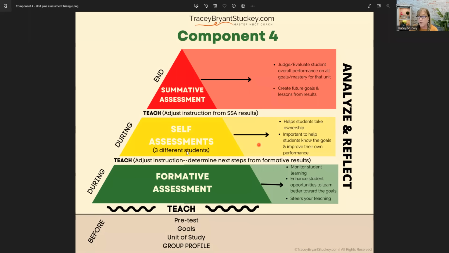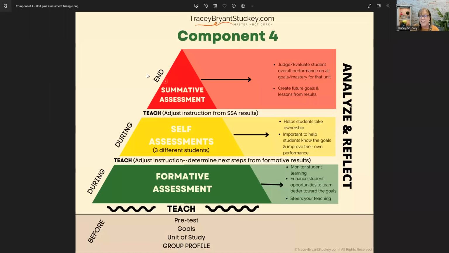So again, what are you doing between self and summative? You are adjusting instruction from what you learned from the SSA results, student self-assessment. So you're not just plowing on through because that's the next lesson. That's not what National Board Certified teachers do. They give feedback. They help the students know where they're at. They adjust their instruction.